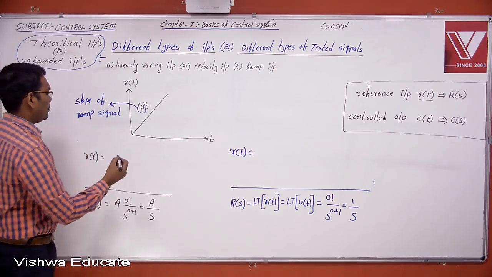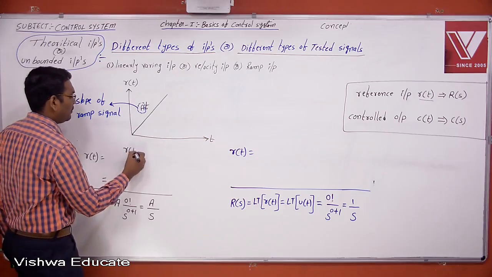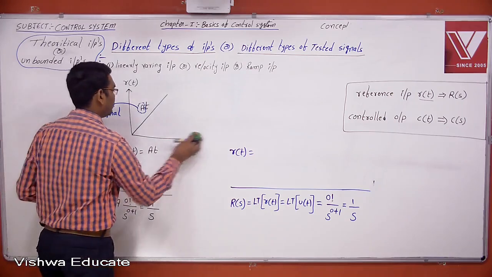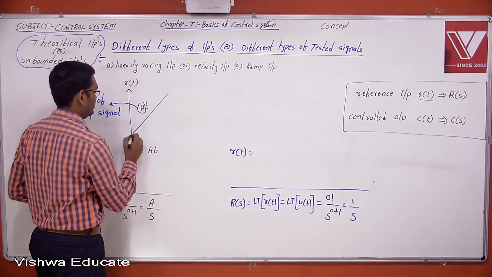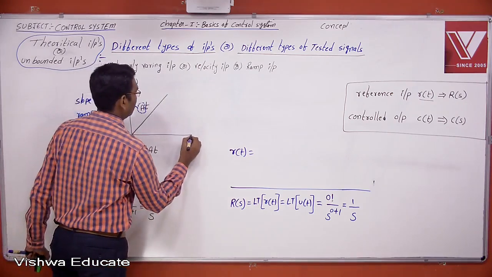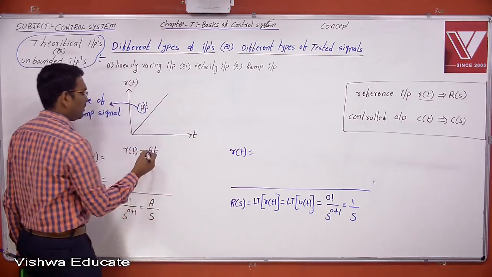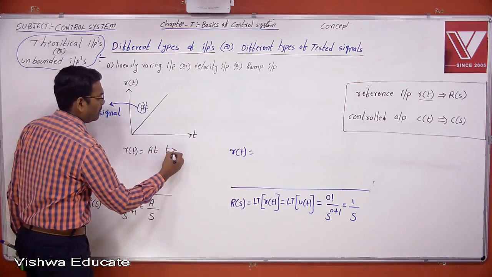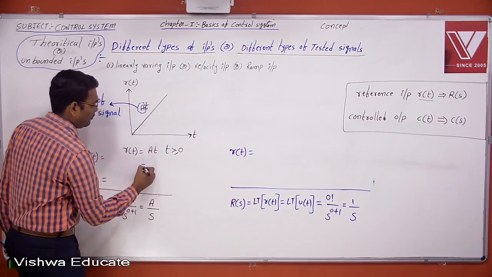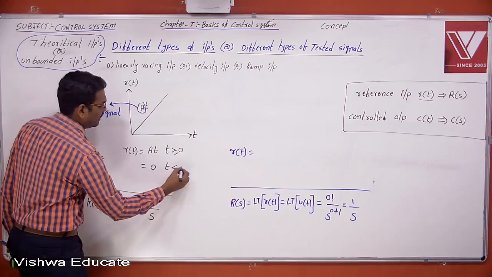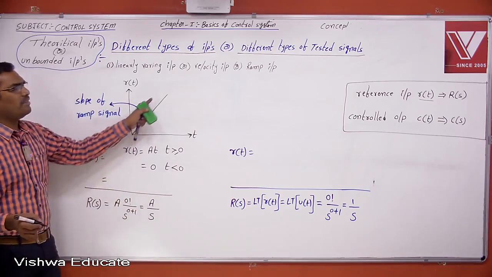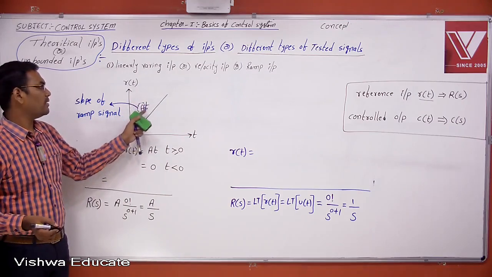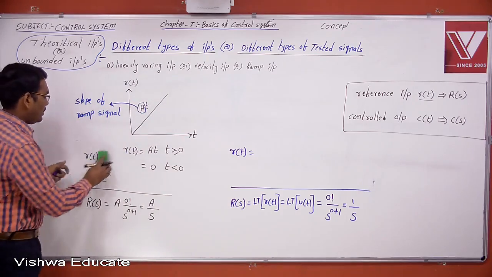Now R of t is equal to A into t for t greater than 0, and equal to 0 when t is less than 0. This is linearly varying with respect to time. So when a linearly varying signal has some slope, that is the slope of the ramp signal.